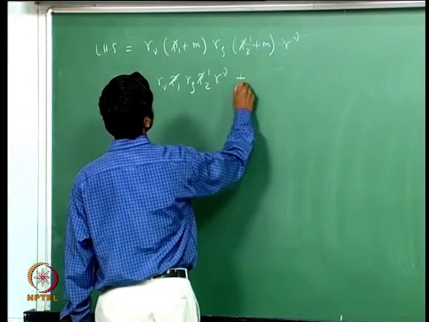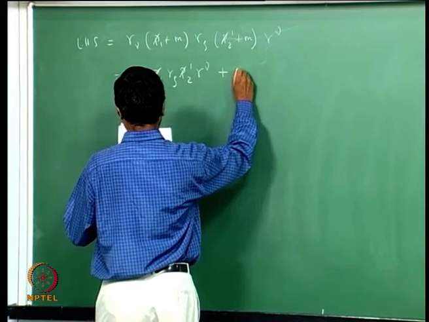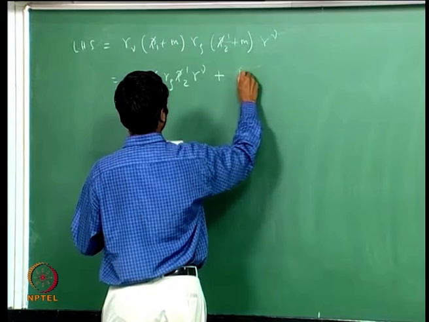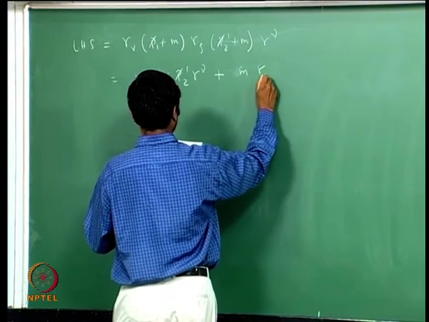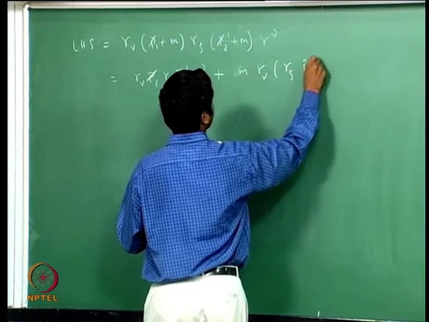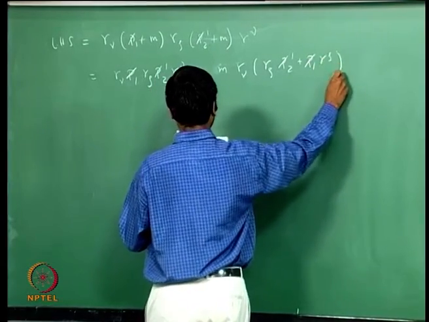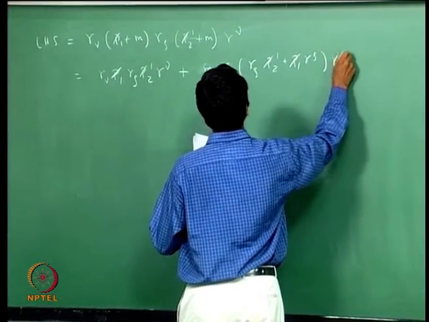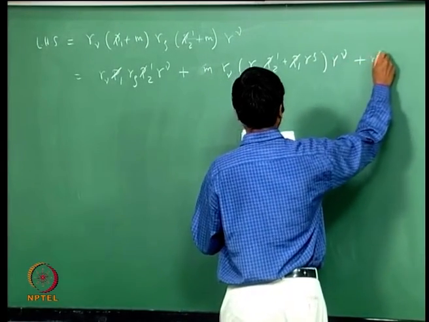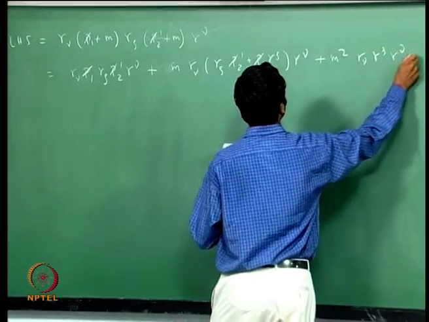The second term, plus m times gamma nu gamma rho p2 prime slash plus p1 slash gamma rho gamma nu, and finally plus m square gamma nu gamma rho gamma nu.